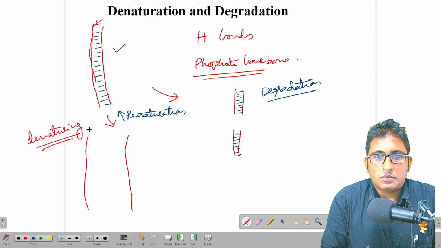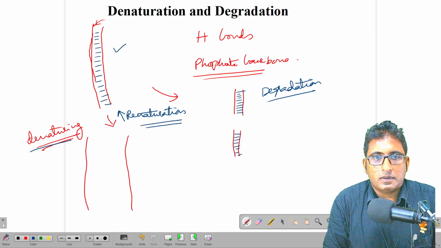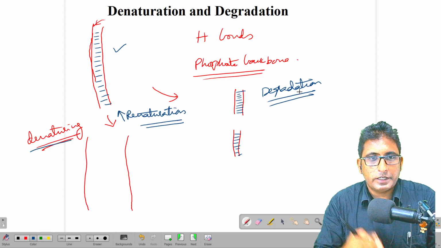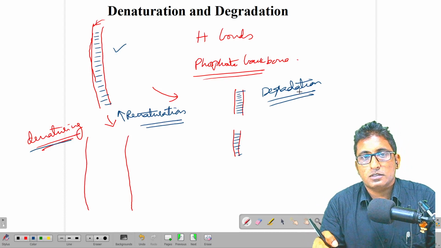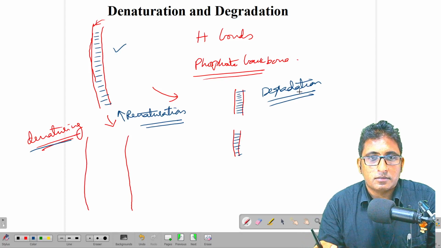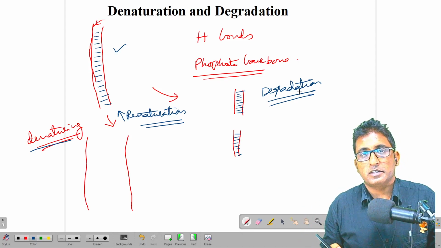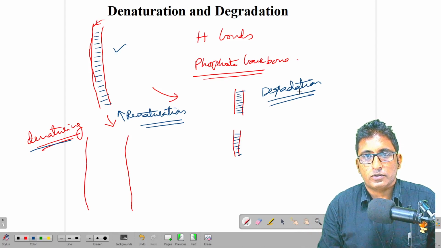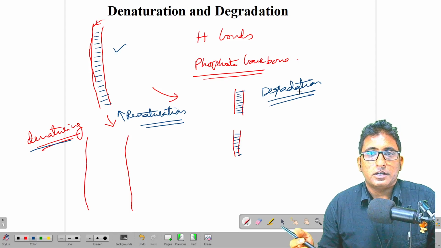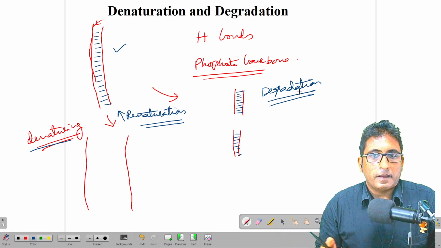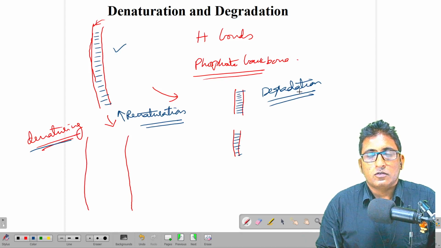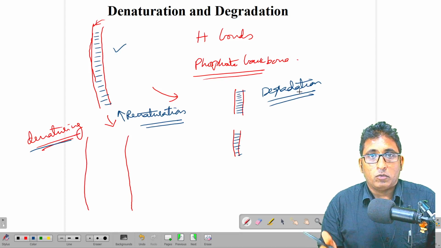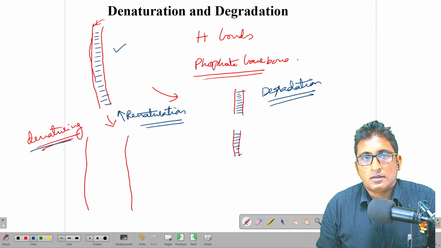So I hope we can remember these words: denaturation is the breakage of hydrogen bonds. The reverse of denaturation, that is two complementary single-stranded DNA molecules forming one double-stranded DNA, is renaturation. And there is degradation, which is not a reversible one, and that is breakage of the phosphodiester bonds in the phosphate backbone of the strands.